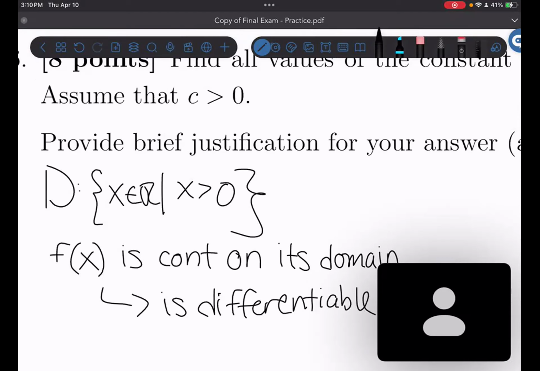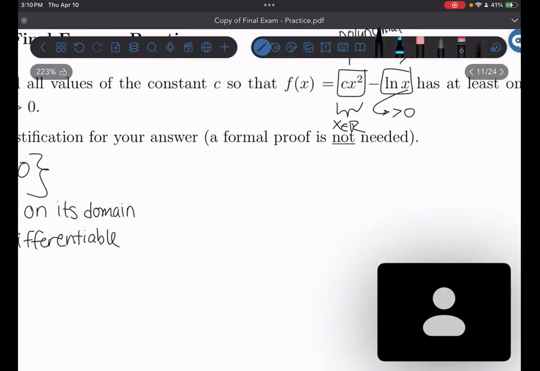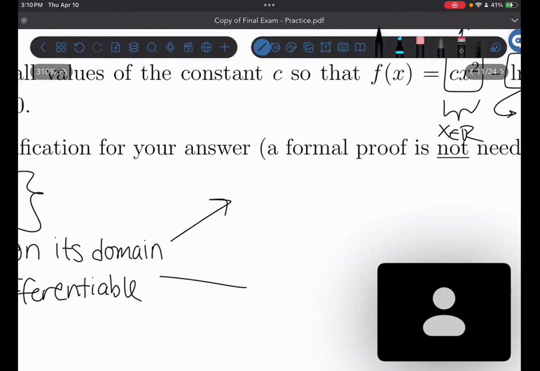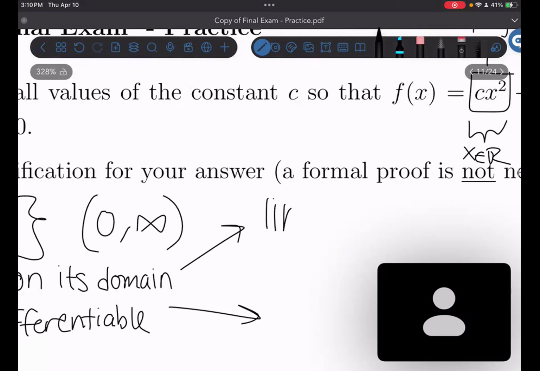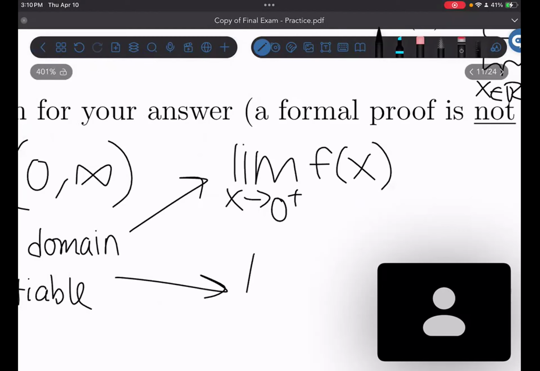Okay, and I'm going to calculate 2 limits. Since the domain is from 0 to infinity, I'm going to calculate approaching 0 from the right side. These limits will come in handy later.